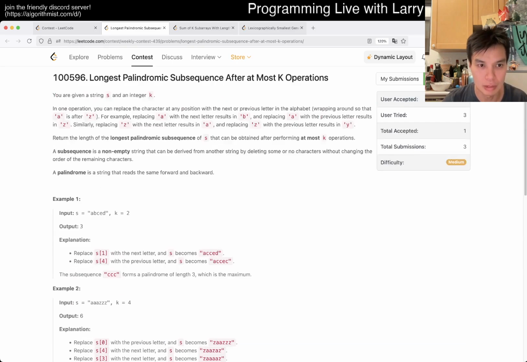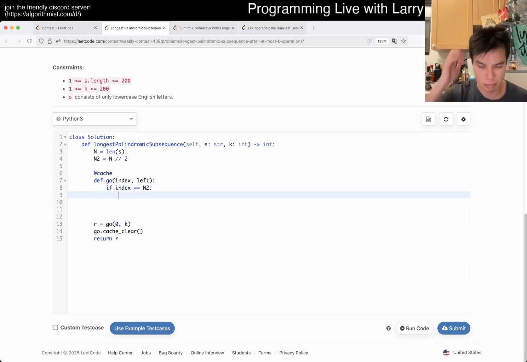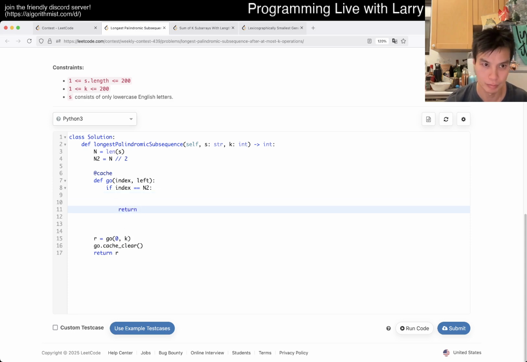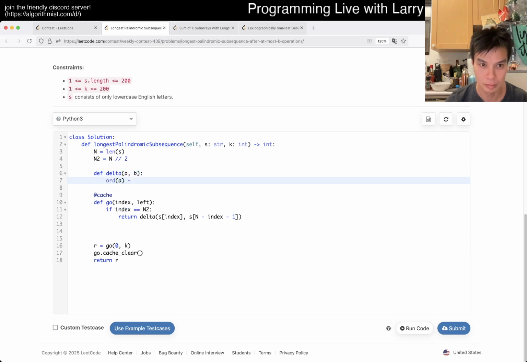Oh, it doesn't have to be, right? Because it could be odd. So if it is 5 and 2, okay. And it's either 0 or, well, I guess we just return the delta, right? Well, it's this.